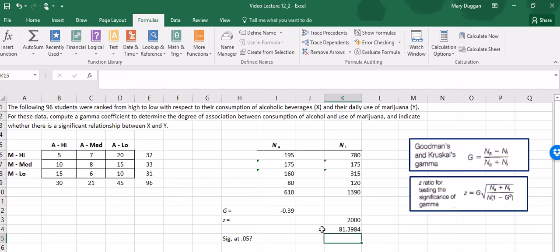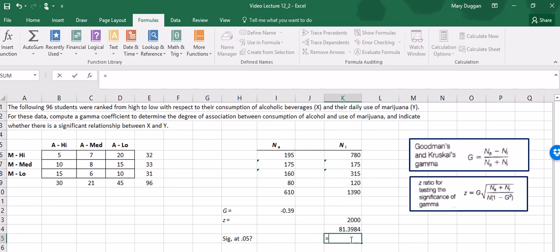And we end up with this as our, and I think there is an error. So sorry, folks, that is our denominator. And so now what we're going to do is multiply gamma times the square root.